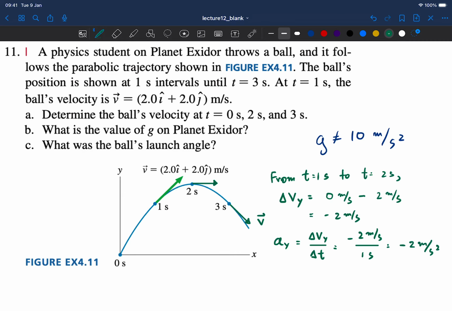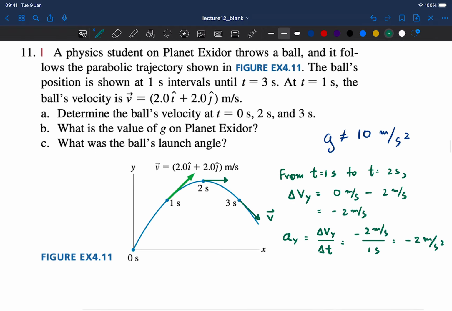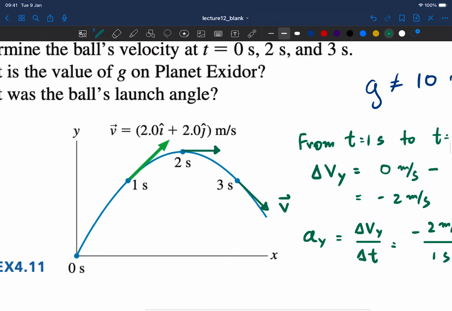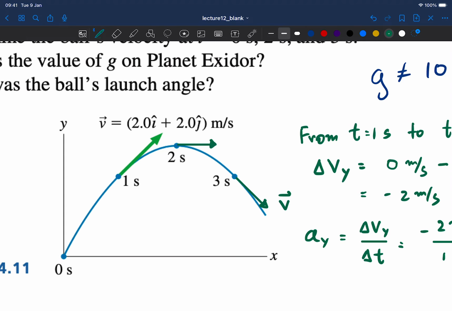And it's a projectile motion, right? So all the acceleration is in the y component. This will also answer question B, but let's answer question A fully first. At t equal to 2, the velocity only has a horizontal component, but the horizontal component is unchanged for projectile motion.